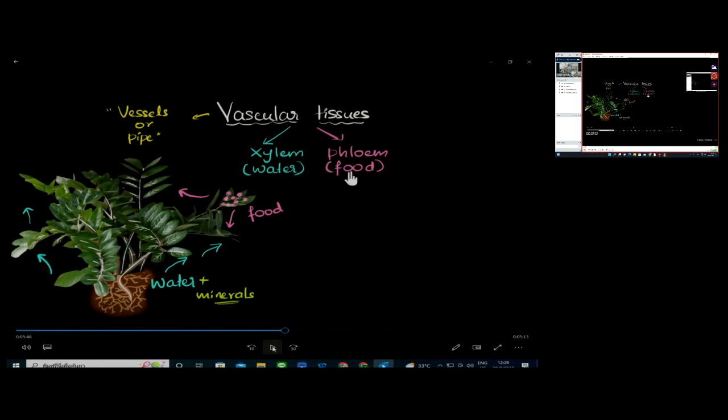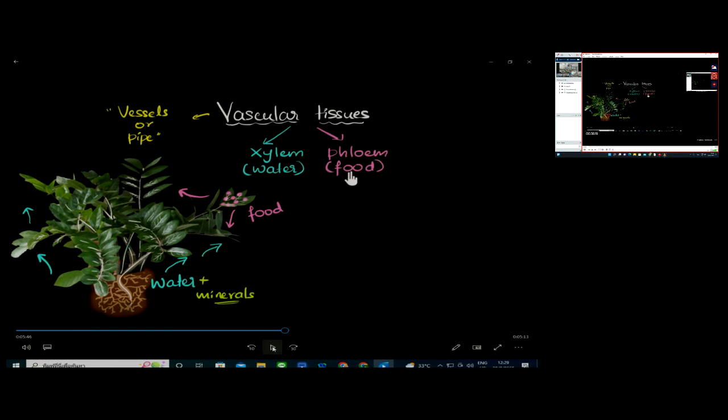Right, so let me explain for the last time. So we are saying we've got tiny pipes inside the plant. One of them is called the xylem. It carries water from the roots going up. Then the other pipes are called the phloems that take food to the different parts of the plant.